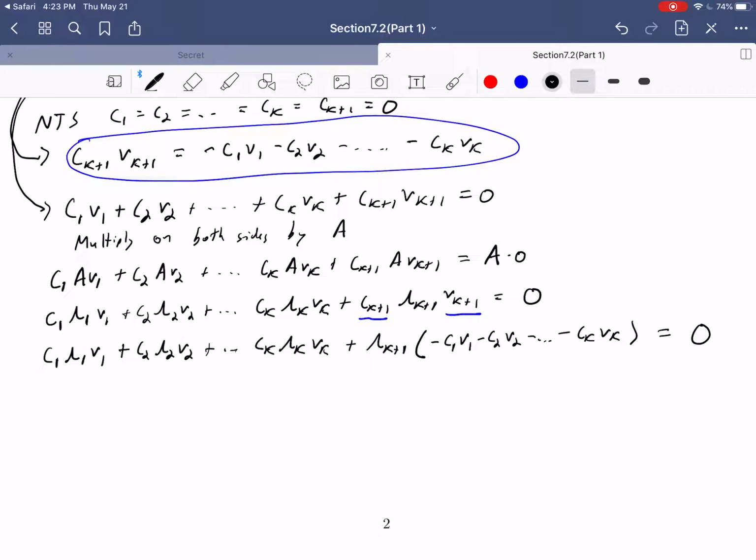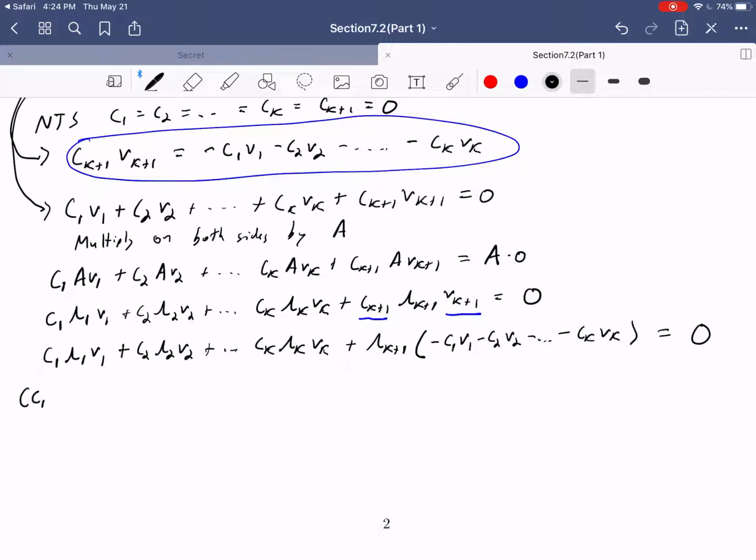All right. Now, let's gather the like terms. Let's gather everything that's got a v1, everything that's got a v2, etc. So in terms of the v1 stuff, you'd get c1 lambda 1, and then minus c1 lambda k plus 1.